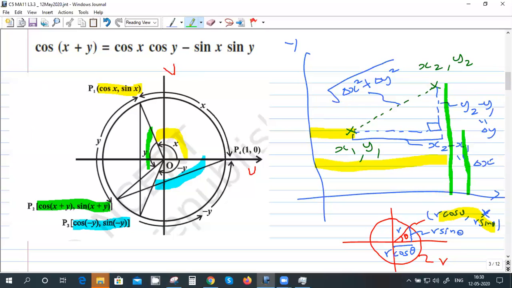Since x and y have been chosen for angles, I call the horizontal axis u and the vertical axis v. Just a choice of variables, it does not make any difference. So my uv axes, and x and y are used for angles. Here you can observe two triangles which are congruent.